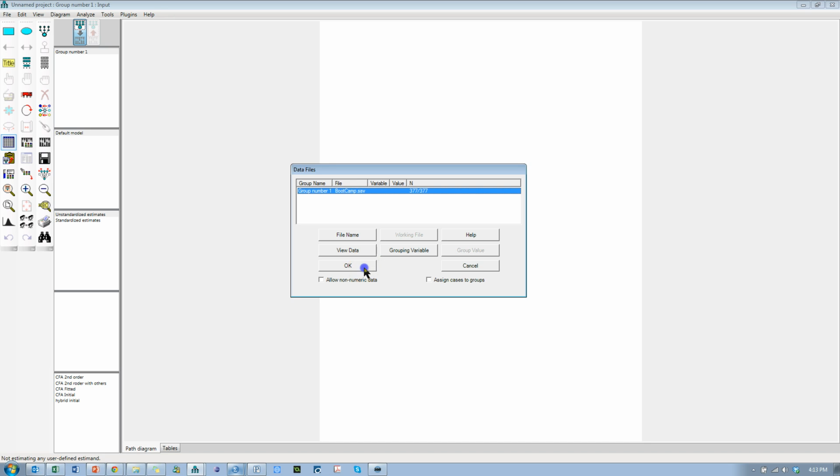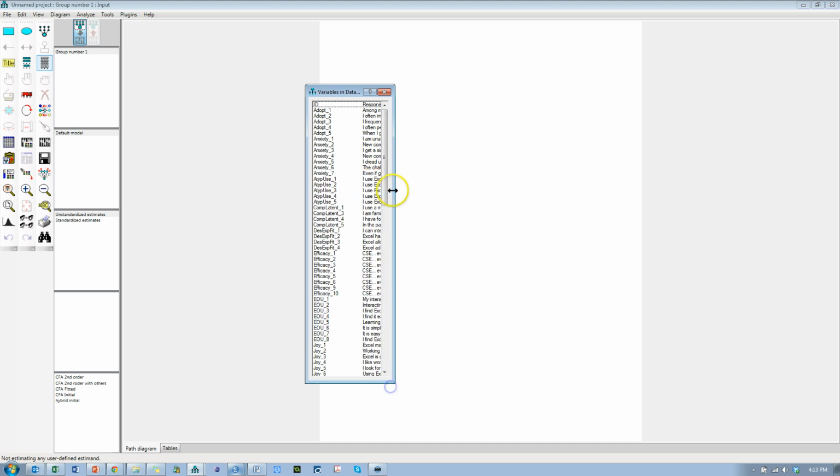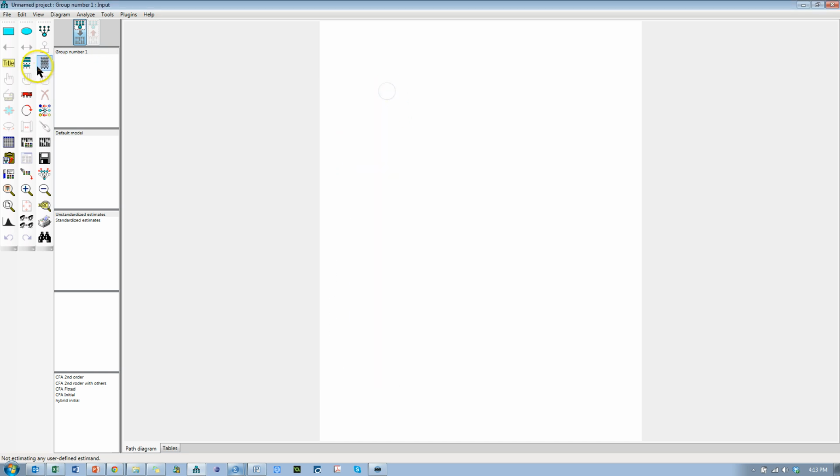Good. OK. So nothing happens, which is exactly what we want to happen. But my data is in there. How do I know my data is in there? I can click on this little white stacky thing, and I can see all the variables in my data set right here. So I know the data loaded by clicking on the white stacky thing, not the blue stacky thing, the white one. Okay.